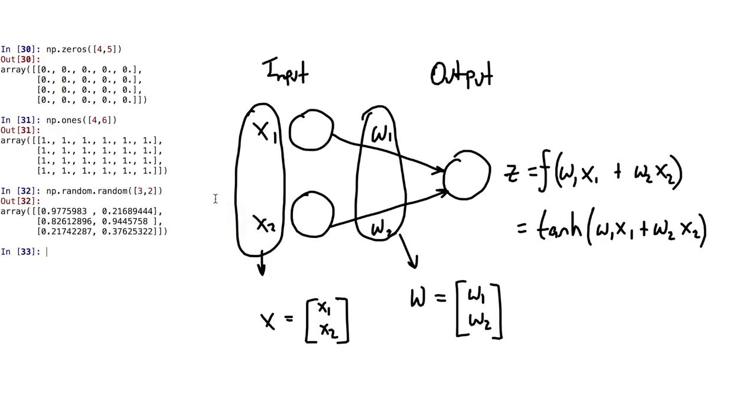This gives me elements drawn from the uniform distribution between 0 and 1. So in particular, for this neural network, if I wanted to initialize these two weights randomly, I might do something like np.random.random 2 by 1, give myself a column vector, and I'm set. Beautiful. Armed with this, you should be set to take on the first exercise, which is coming right up next.